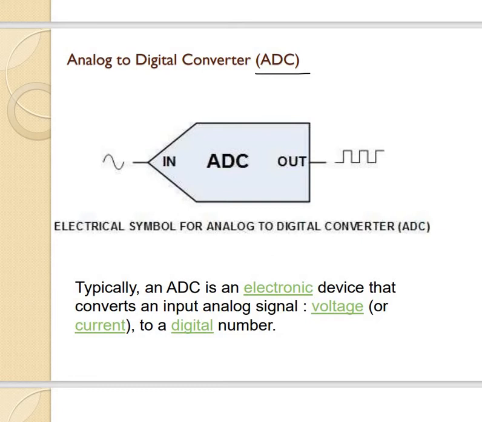Basically, analog is represented by a continuous signal, while this one is a discrete signal. Typically an ADC is an electronic device that converts an input analog signal, for example voltage or current, to a digital number. So a digital number is 1, 0, 1, 0.